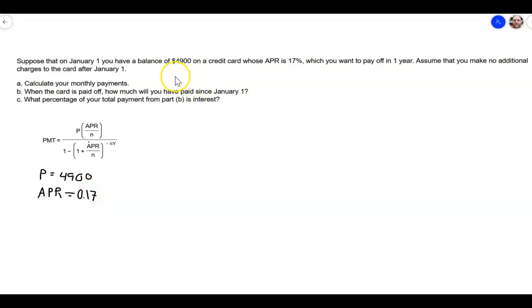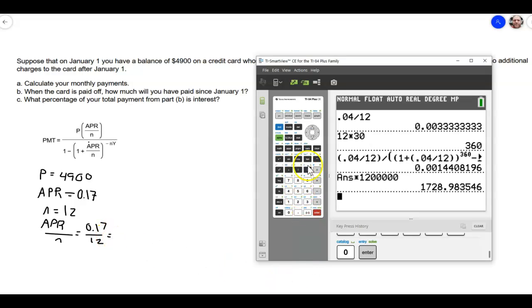And then we have our N, which is the number of periods per year, which, since this is monthly payments, would be 12. So N is equal to 12, and then we could figure out our APR over N, which is going to be 0.17 over 12.